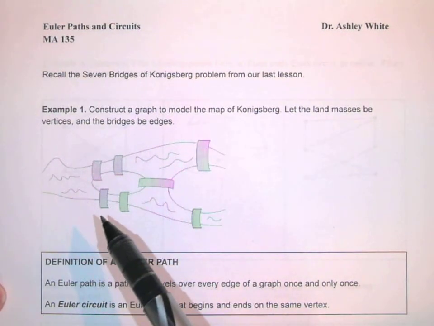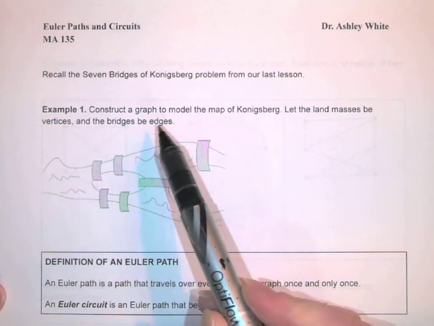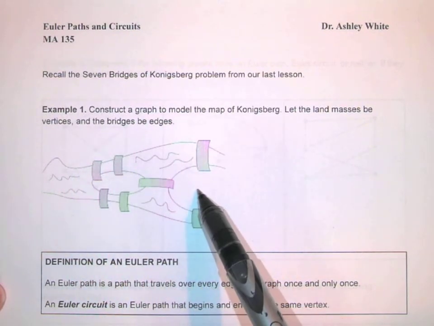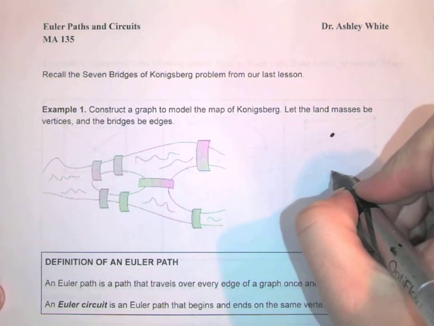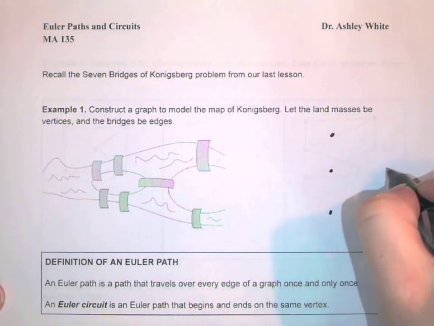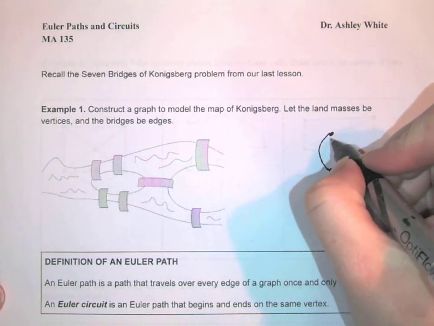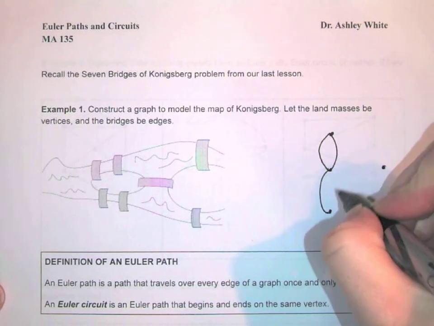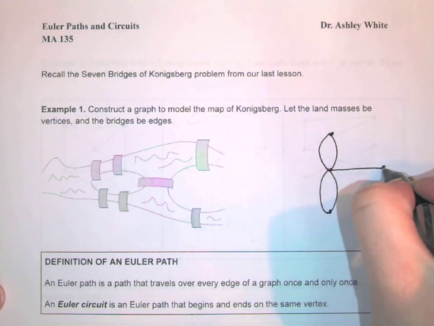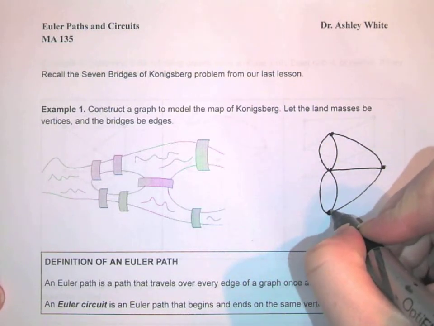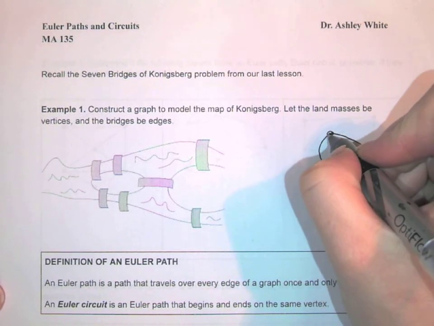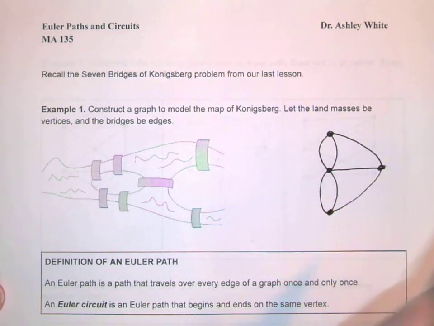Pictured here, we have 7 bridges connecting 4 land masses and a graph that we can use to model this problem looks like this, where our vertices are the land masses and the edges of our graph are the bridges that connect those land masses.